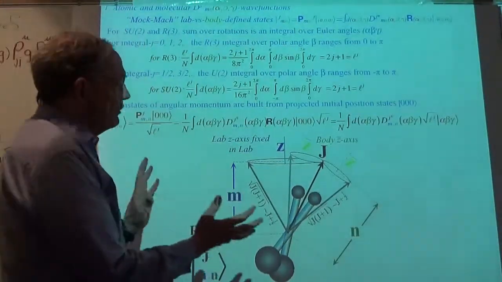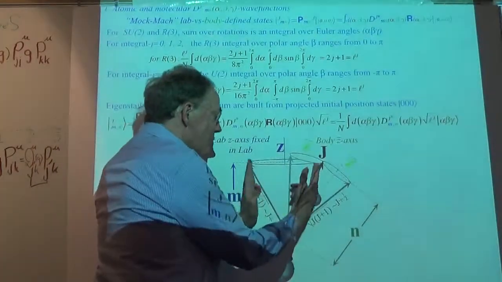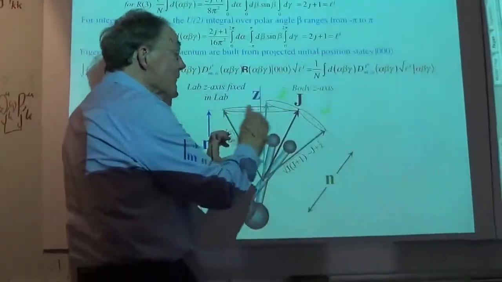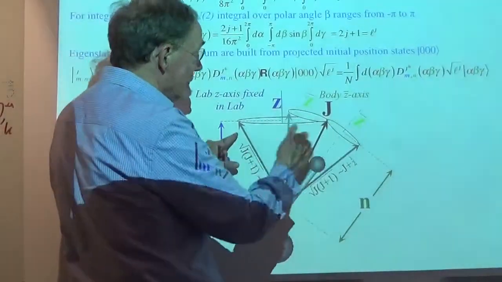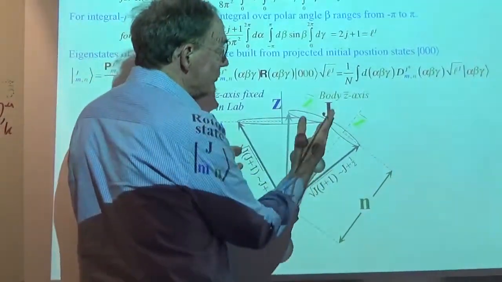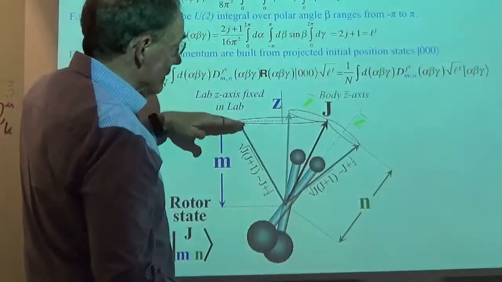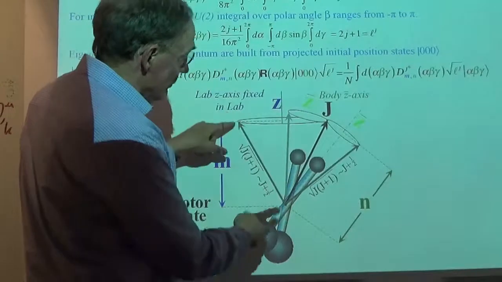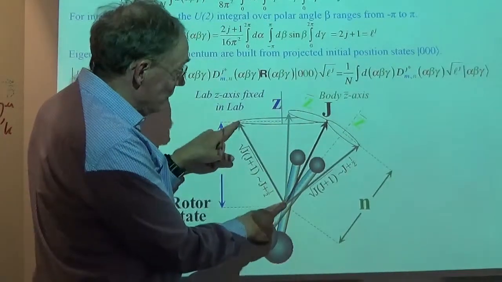But here's the picture. Angular momentum is beautifully described by what we call angular momentum cones that we mentioned last time. We're going to go over those again. And these are the laboratory cones with respect to J. J is forced to live very exactly at a certain z component, but also has to have an integer plus a half amount of magnitude.